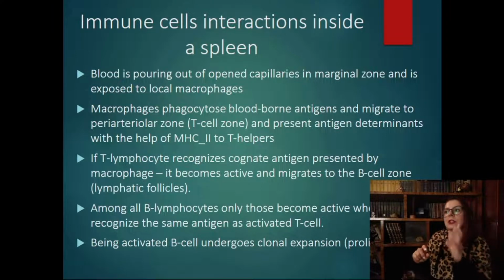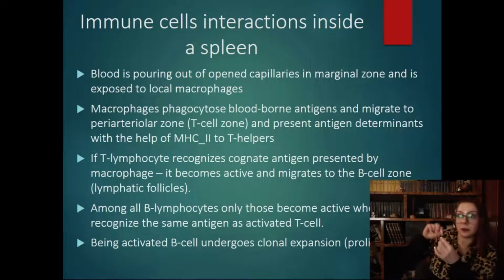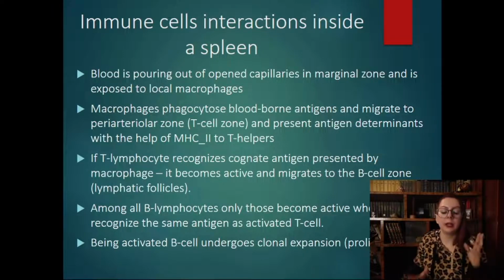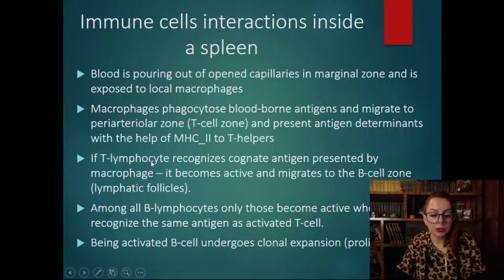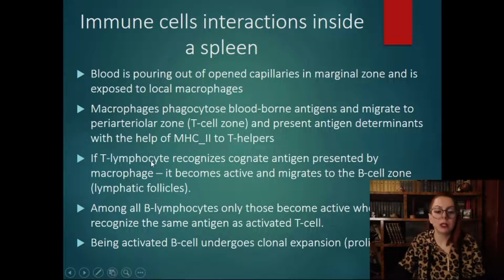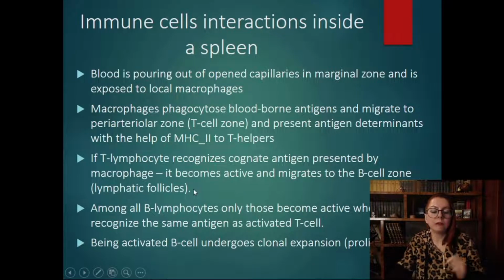So macrophages are looking for those T cells with receptors fit for this antigen. And just after they are found, they activate and stimulate such T cells to divide, to amplify in number. And guess what? Those T lymphocytes migrate to the B cell dependent zone. Those activated T lymphocytes migrate to the B cell zone, to the lymphatic follicle.